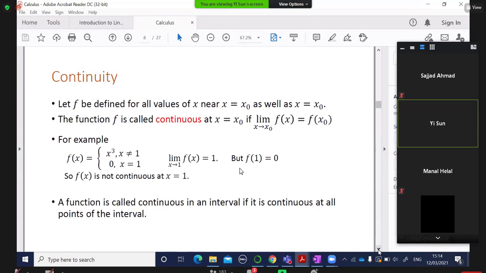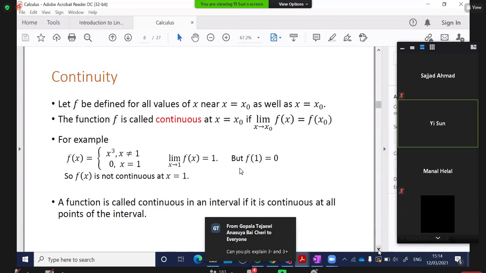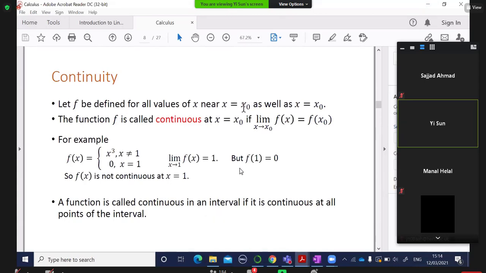So, another thing after this limit, let's have a look at continuity. f is a function and is defined for all values of x near a fixed value x0. So f is a function that has a defined value for x equal to x0.